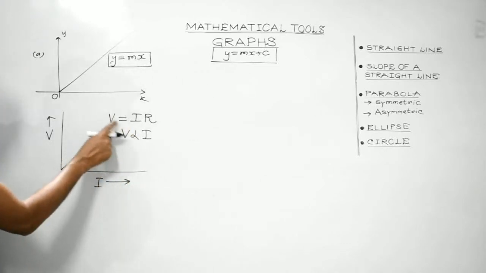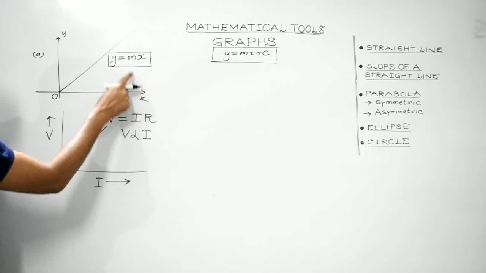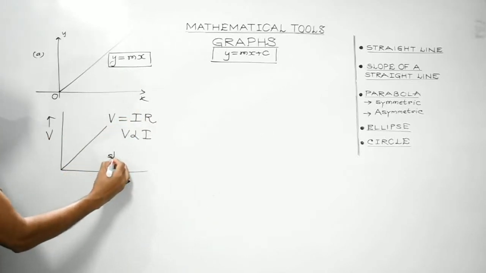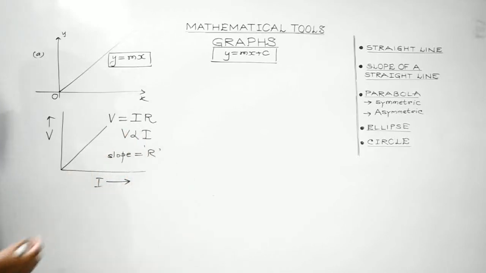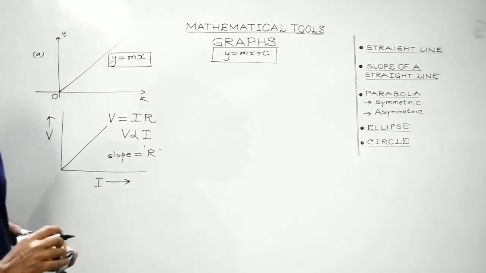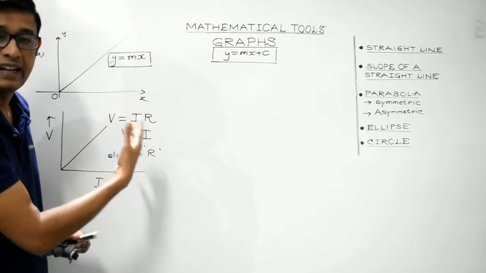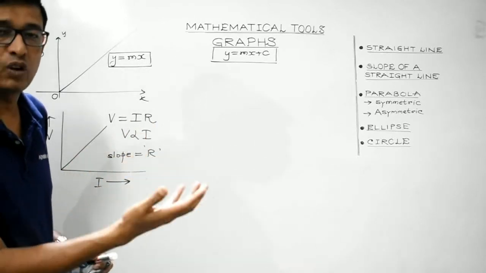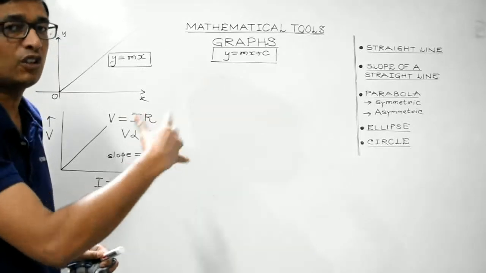So students, comparing these two, y equals to mx, right? Comparing these two, the slope of V and I graph will give us resistance. So that's the importance of VI graph. The slope here will give us resistance in this case. Clear, students? So straight line indicates that in this case with the increase or decrease in one physical quantity, the other physical quantity will also accordingly proportionately increase or decrease.